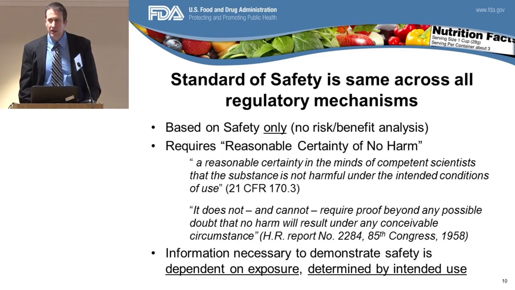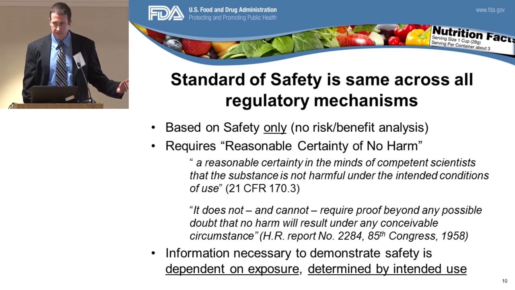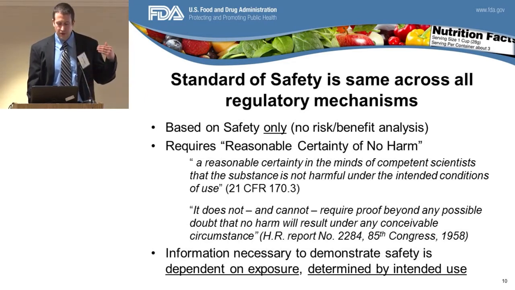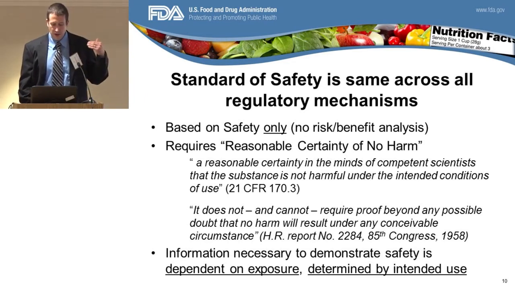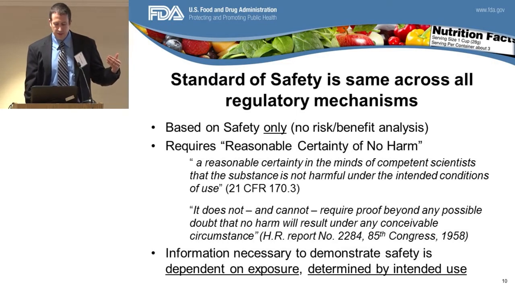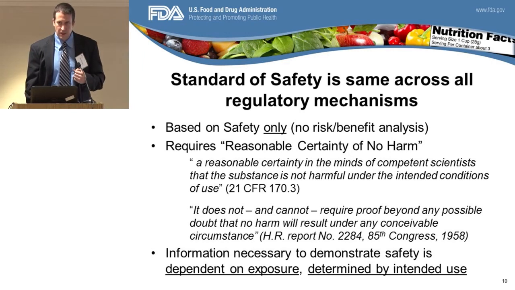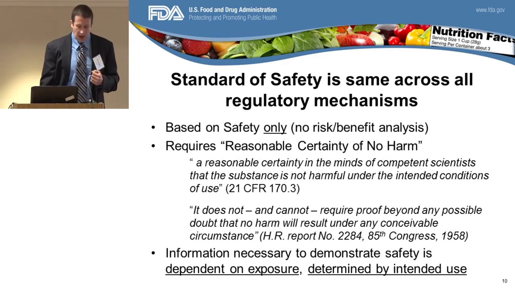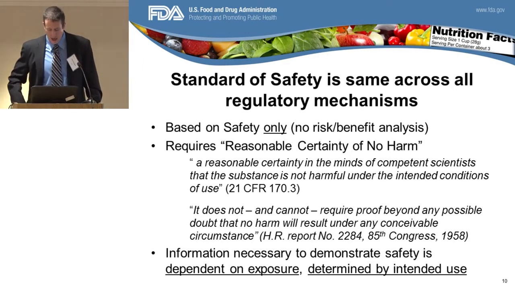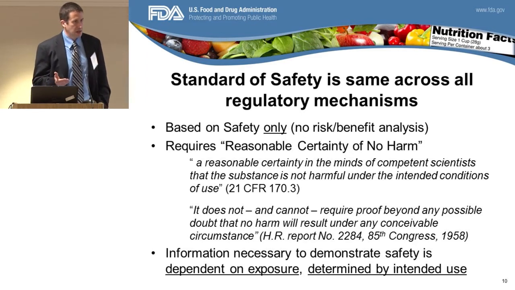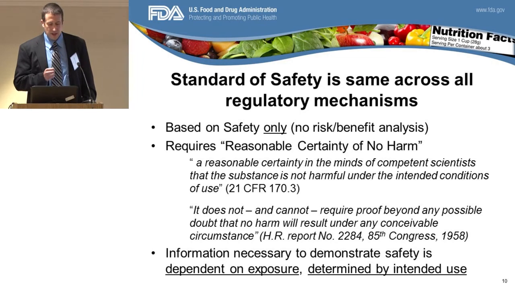So really Congress is saying it's hard to prove a negative, and you don't have to prove the negative for any conceivable circumstance. It just has to be for the exposure that's expected, the exposure that's been demonstrated as possible for coming out of the substance from the use. And as we've discussed in the previous talks, the information necessary to demonstrate safety is dependent upon the exposure to the material.